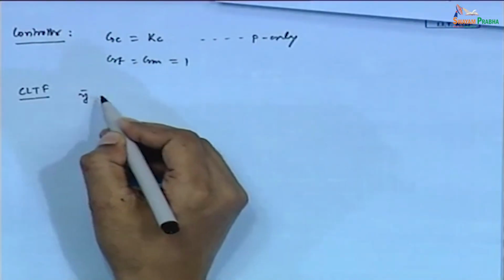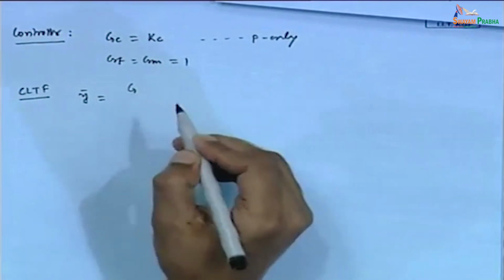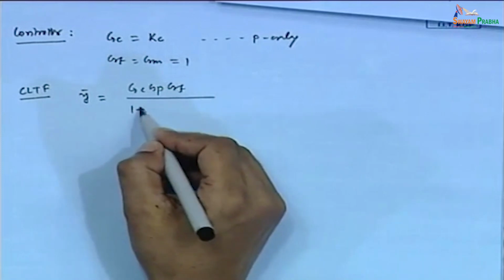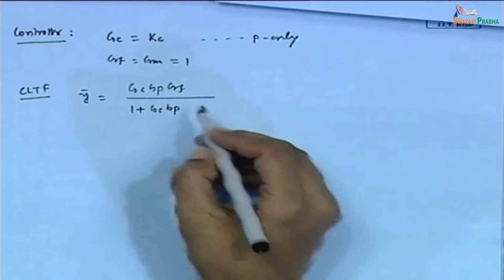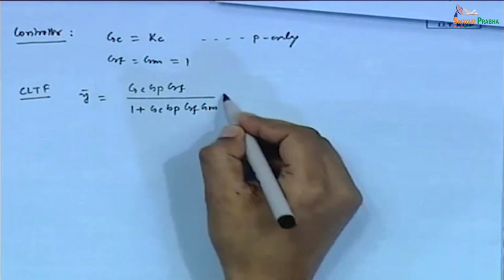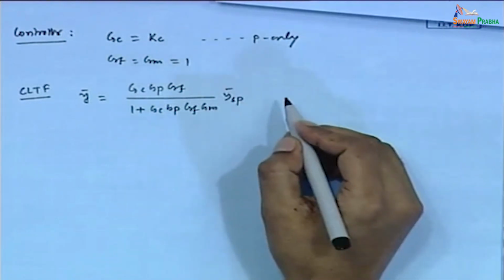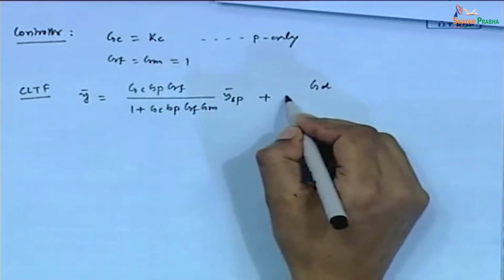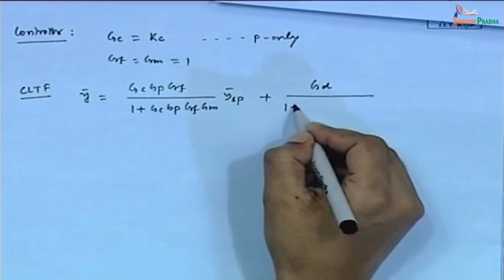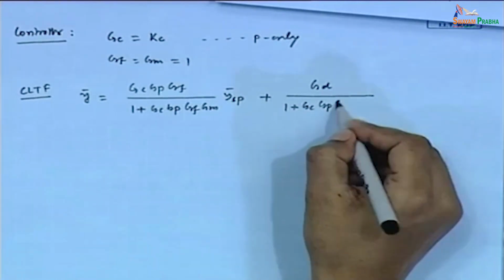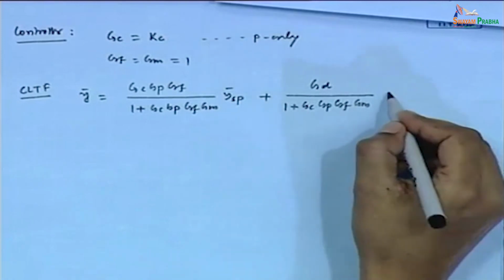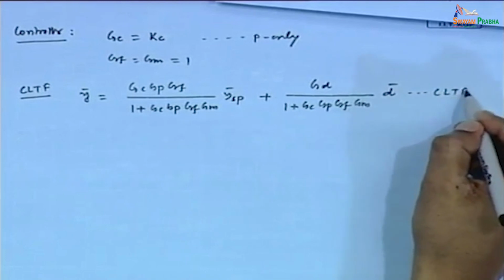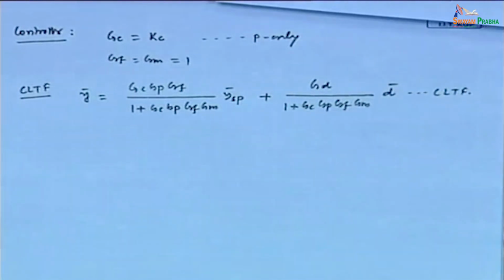The generalized form is y bar equals GC GP GF divided by 1 plus GC GP GF GM y set point bar plus GD divided by 1 plus GC GP GF GM d bar. This is the generalized form of the closed loop transfer function.